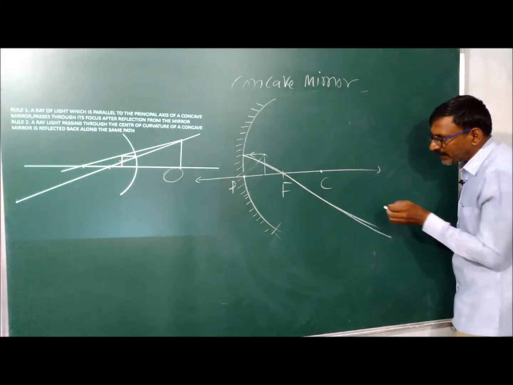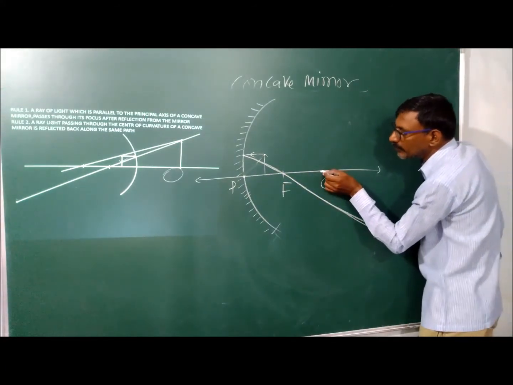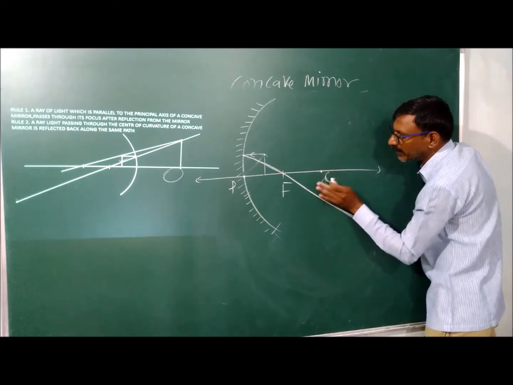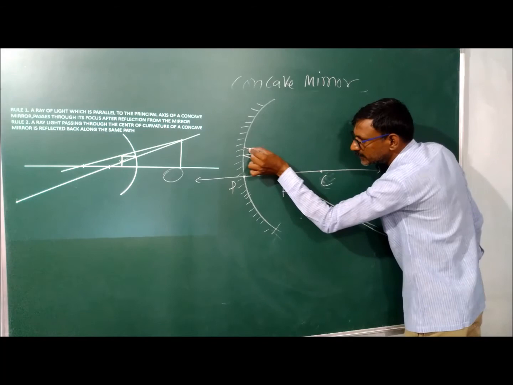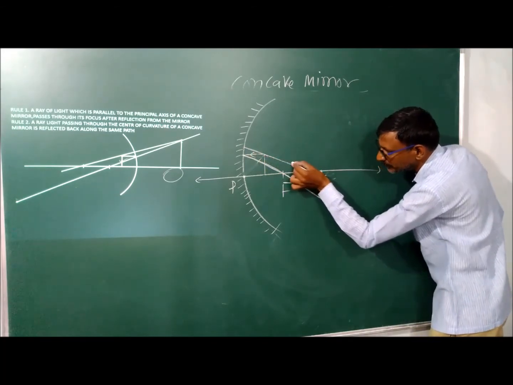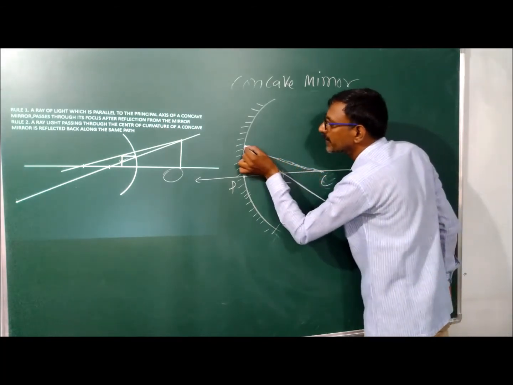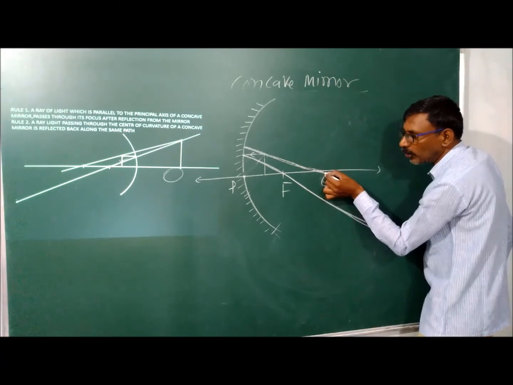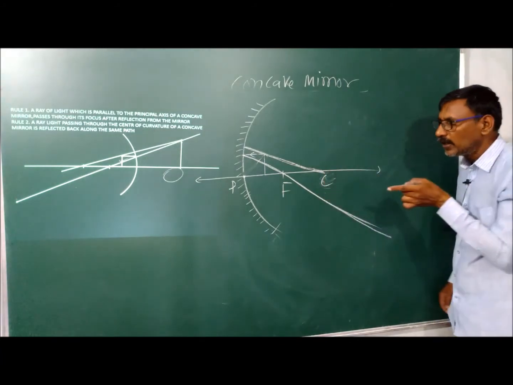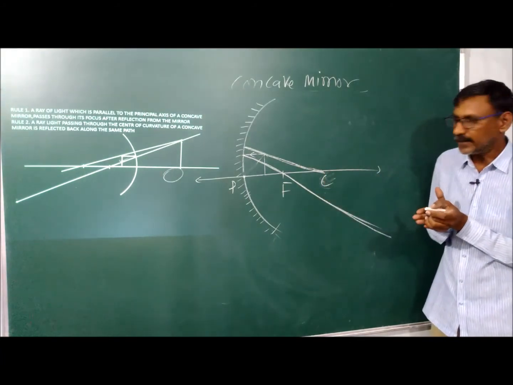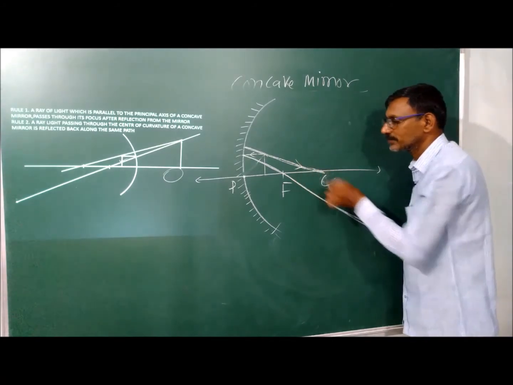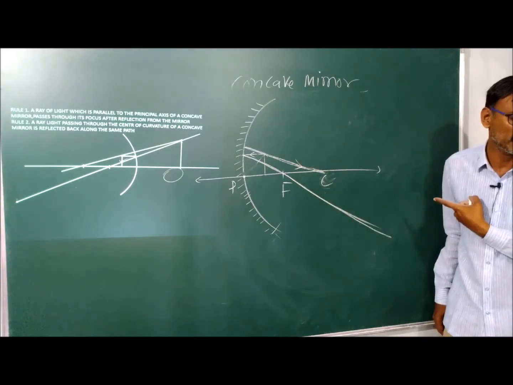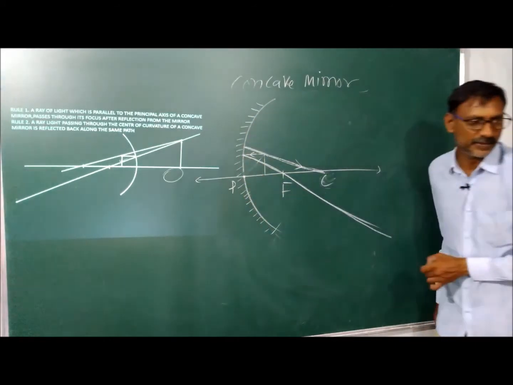If a light ray is traveling through the center of curvature, this is my center of curvature, I told you clearly, it bounces back as it is, because it is a normal to the concave mirror.